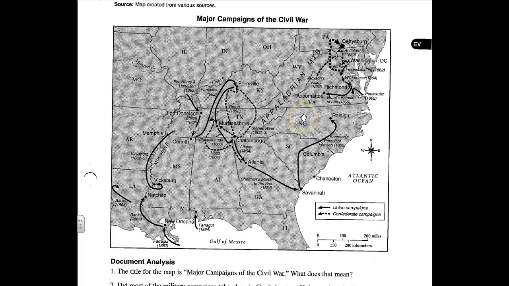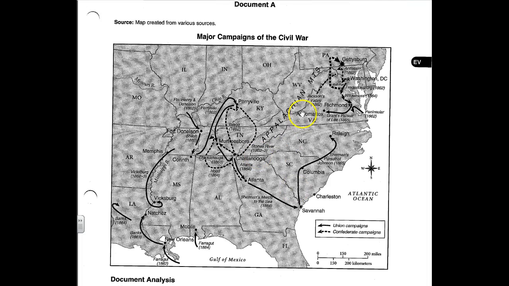So three main theaters: the Western Theater, the Virginia Theater, and the theater here in Georgia, which was created in 1864. Again, to reiterate, as you can see, Gettysburg would be the farthest point north that Confederate forces would make it to, and that would be with the Battle of Gettysburg in 1863.